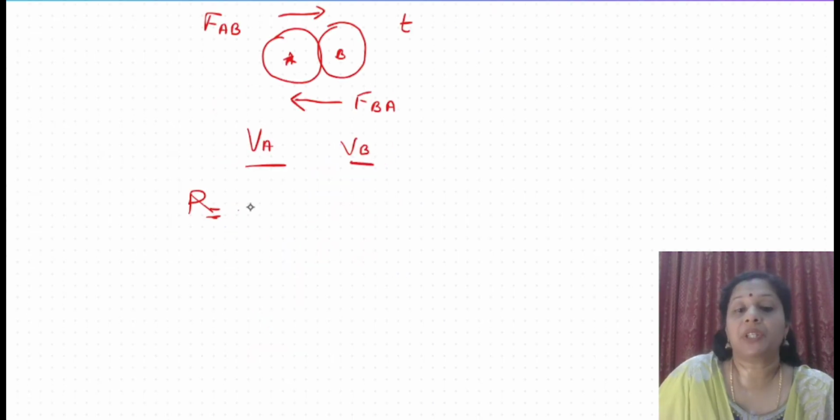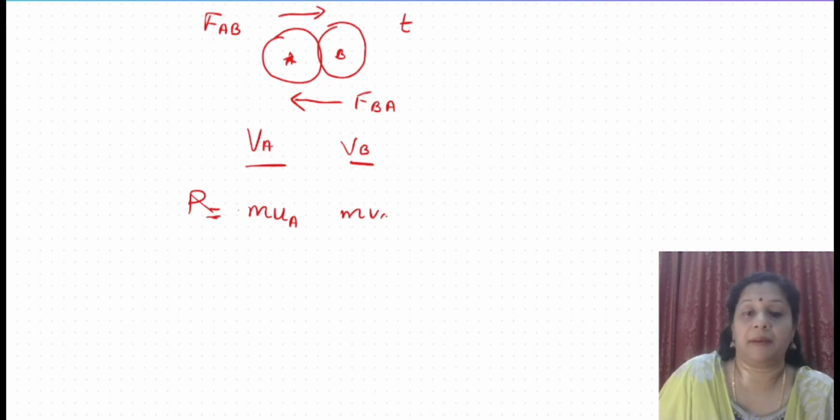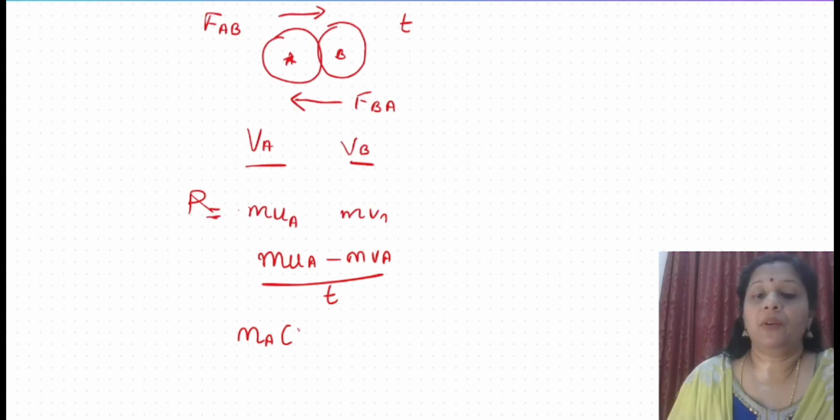So before collision, the momentum we can take as MA UA for the first ball A, and after collision it becomes MA VA, right? So change in momentum, what is change in momentum here? We can take it as MA into (VA minus UA) upon t.